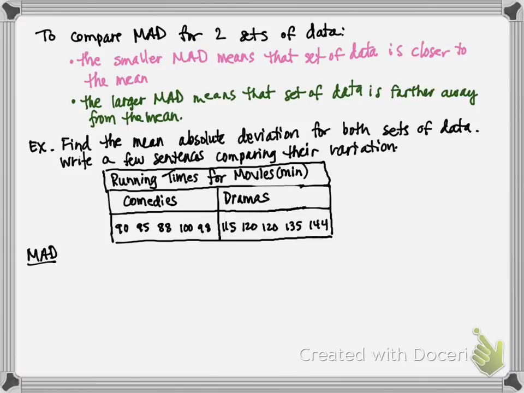Okay, so first thing we're going to do is find the mean, which is going to be the 90 plus the 95 plus the 88 plus 100 plus 98, all over 5. So this is for the comedies.